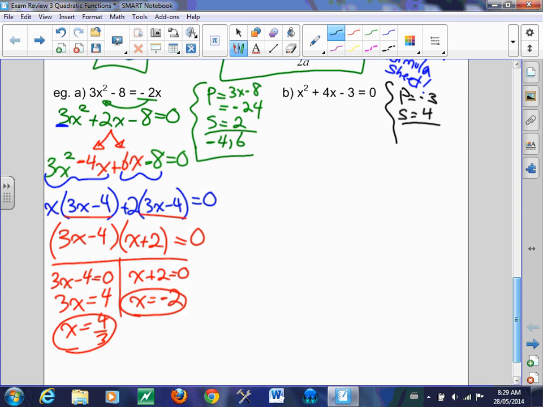What two values can give you a product of negative 3? 1 times negative 3 or negative 1 times 3. Does any of those sum to 4? No, so it's not factorable. That was quick. Therefore I'm going to use what? Quad formula.